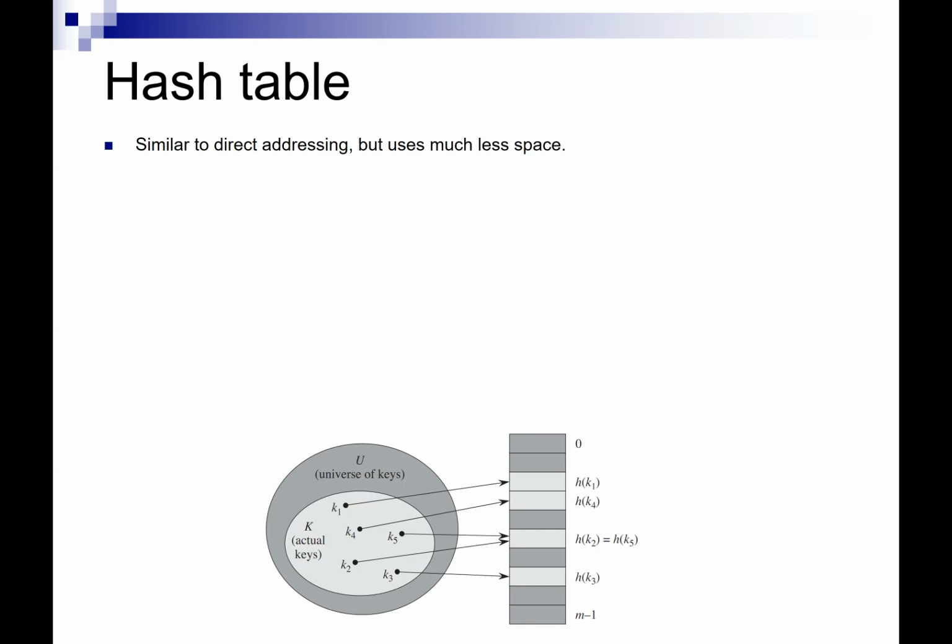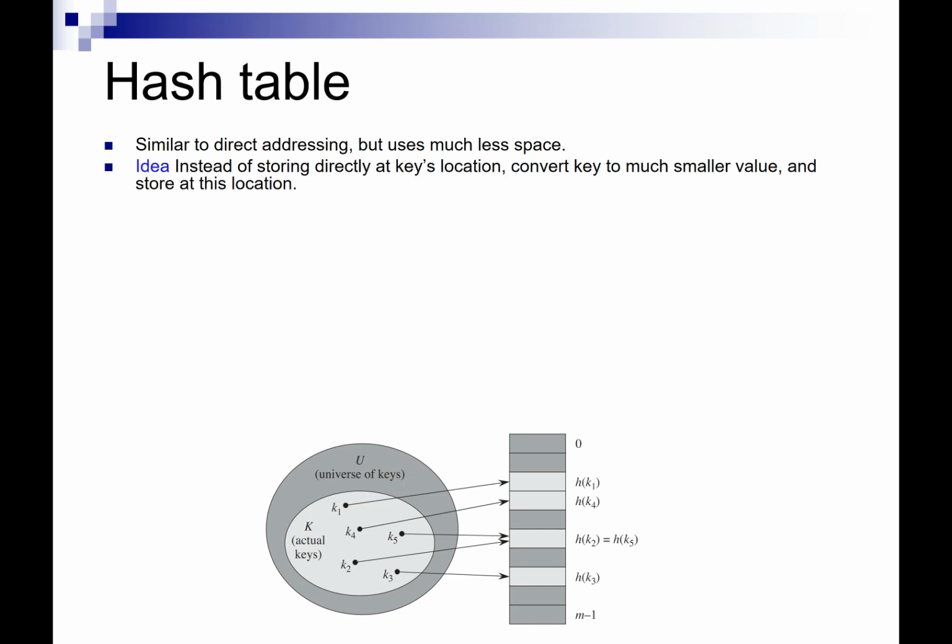So direct addressing has a bunch of problems, and hash tables are a way of addressing these problems. Hash tables are similar to direct addressing, but they're going to use much less space. The basic idea is that if you have a key, then instead of storing this key directly at the location equal to the key, which is what you did for direct addressing, where whatever your key is, you just put it exactly at that location, and the problem there was that the key can be very large, so you need lots and lots of space, for a hash table we're going to convert the key to a much smaller value and store it at that location.